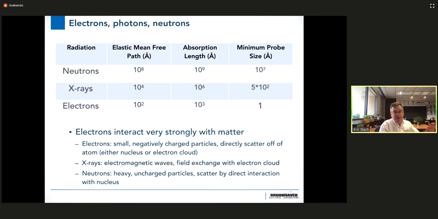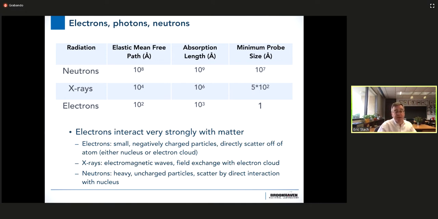In prior lectures from Mingyuan Ge, for example, and Xiaojing, they gave you discussions about how you can do focusing of X-rays with either zone plates or multilayer Laue lenses. Those are very complex methods for focusing X-rays, and they give you kind of a fixed focal length. In the case of electrons, you can use electromagnetic lenses, and you can very readily vary the strength of the lens, which gives you a difference in the focal distance.